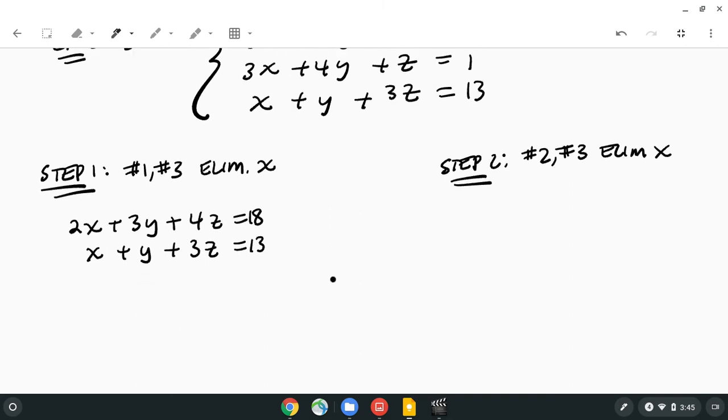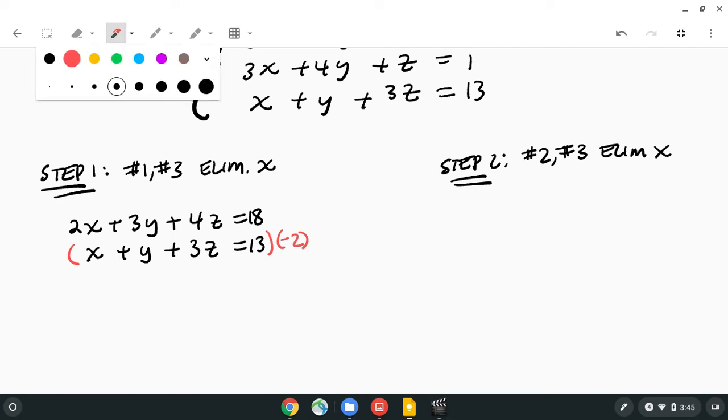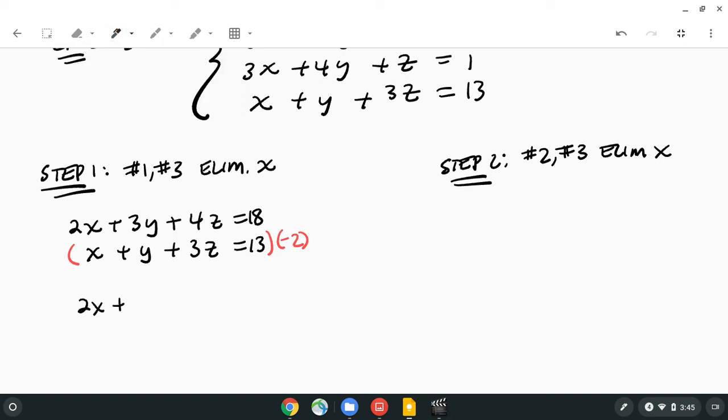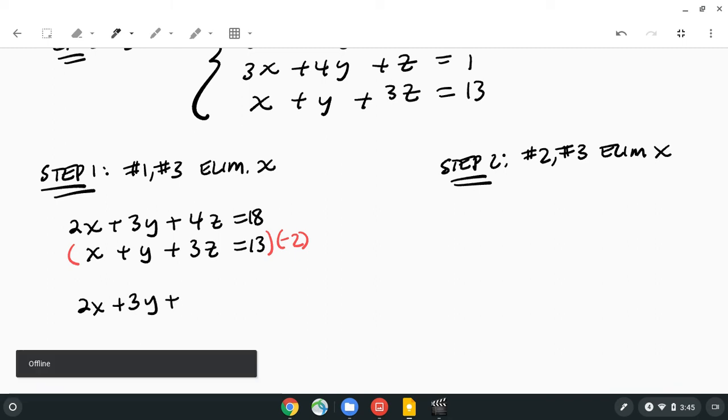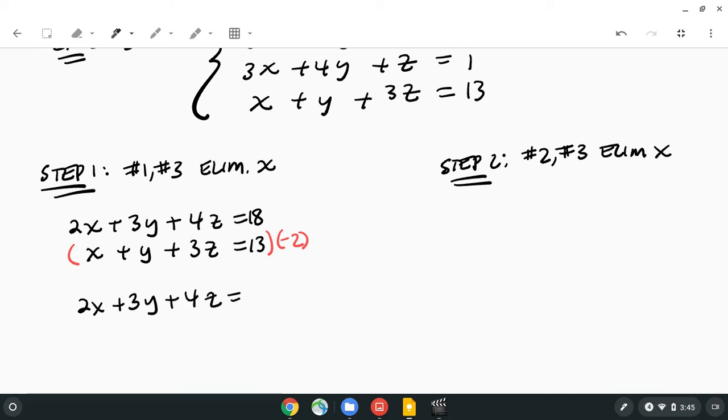So I need to fix that second one by multiplying everything by negative 2. The first one remains the same, 2x plus 3y plus 4z equals 18, and the second one becomes negative 2x minus 2y minus 6z equals negative 26.